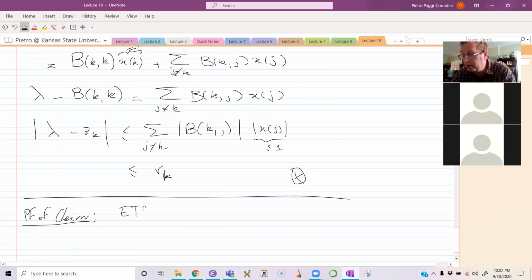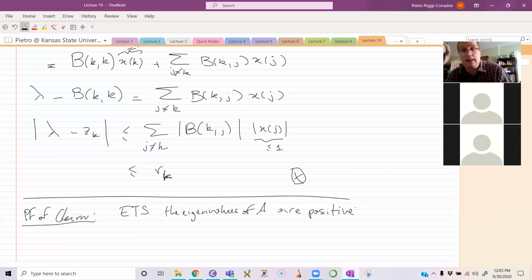So it's enough to show that the eigenvalues of A are positive. A is not symmetric, unfortunately. A tilde is symmetric. They share the same eigenvalues. If I can show that the eigenvalues of A are positive, then A tilde will be positive definite and symmetric. We need the two things.